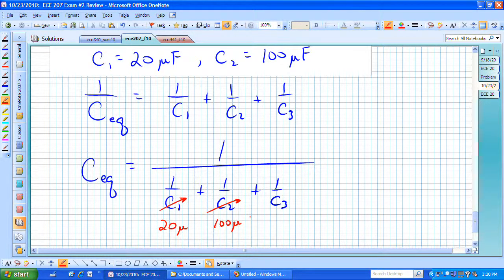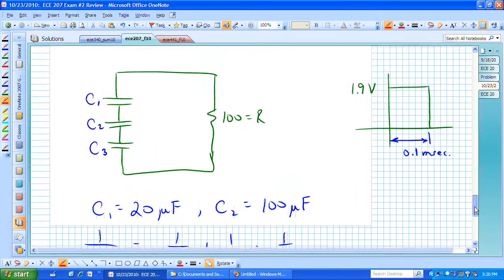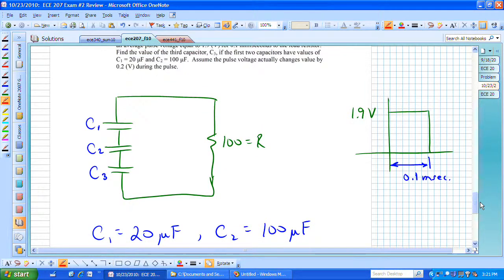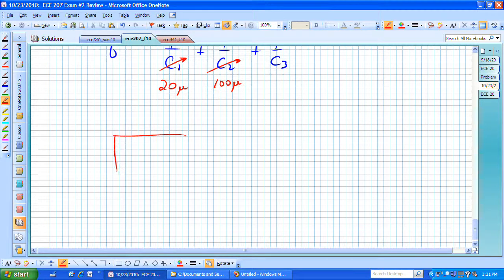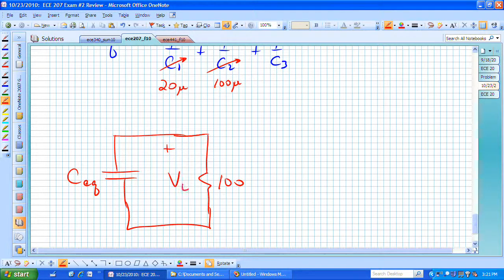This is 20 microfarads, and this is 100 microfarads. And we'll be able to then use that information if we can understand what the problem is asking relative to maybe an equivalent RC circuit. We now have something that looks more like this: here is our equivalent capacitance, here is our resistance 100, and now we're told what this voltage pulse looks like across this resistor, which we'll call a load resistor.